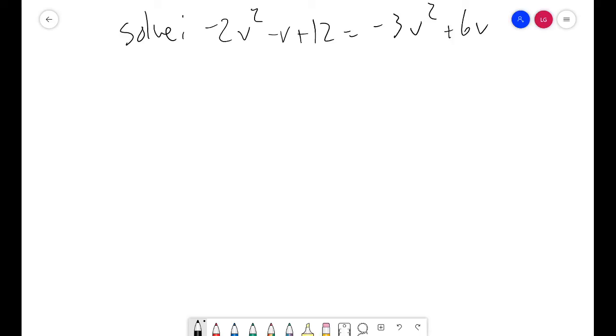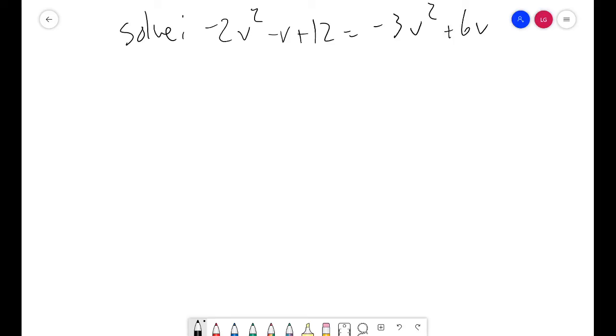Well, okay. First, can we restate what we're being asked? For what values of v, if any, does negative 2 times v squared minus v plus 12 equal negative 3v squared plus 6v? Well, v can be any real number, and as v changes, both left and right side are fluctuating. They're both in change.